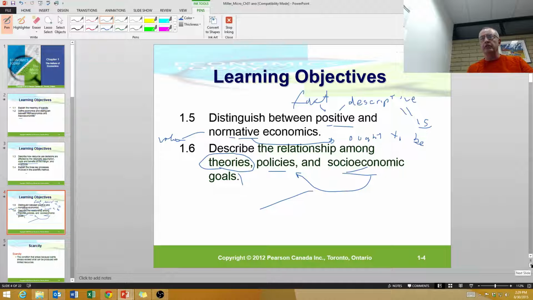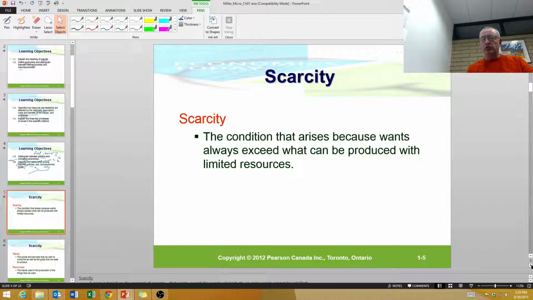Okay, so off we go to the concept of scarcity. Scarcity is the concept that human wants exceed the supply of goods that can be produced in the economy.